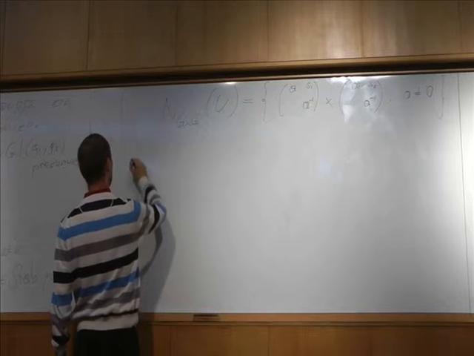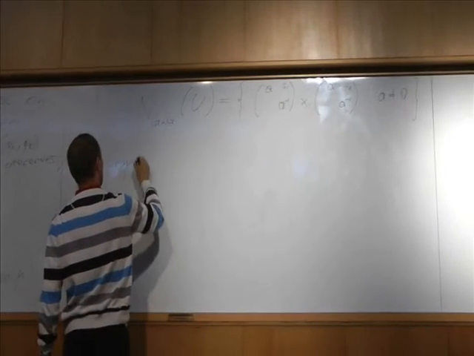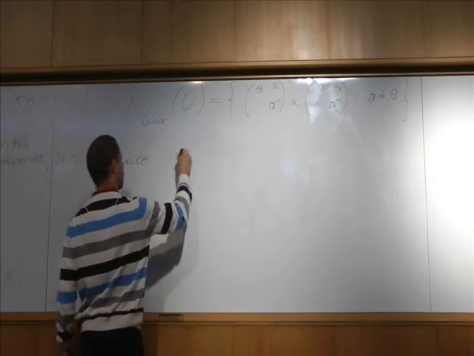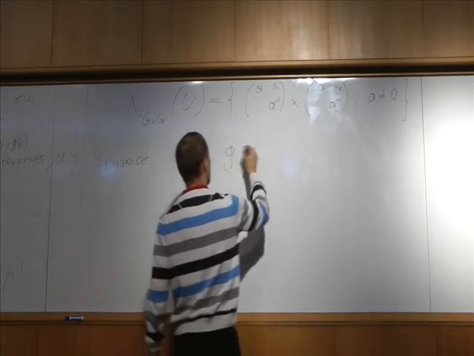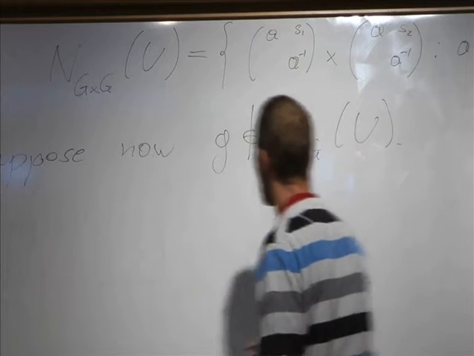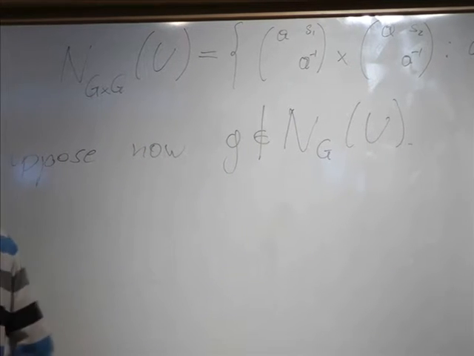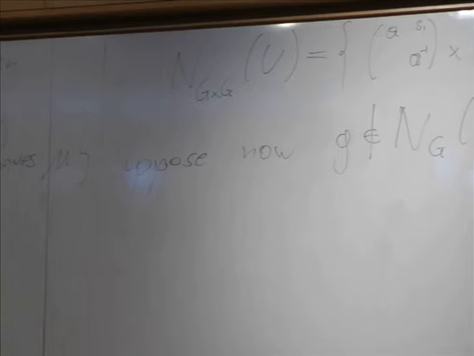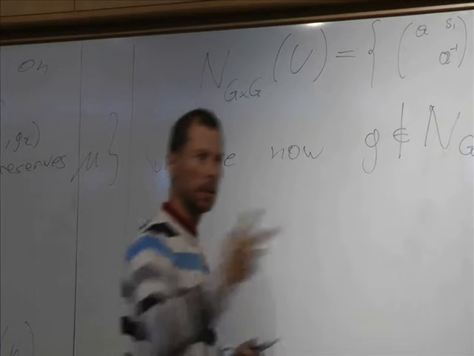So let's just say, suppose now g is not in the normalizer of U. Then we want to play the other game, the Ξ argument, right?